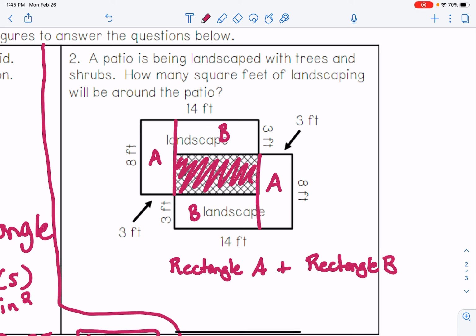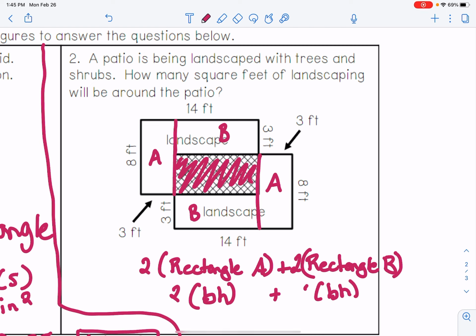So it's really 2 times rectangle A and 2 times rectangle B, because we have 2 rectangle B's and 2 rectangle A's. Let's substitute into our formula. The area of a rectangle is base times height. We do that times 2 for rectangle A, and then base times height times 2 for rectangle B.